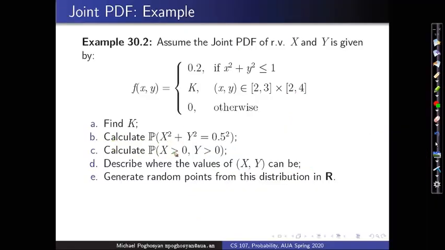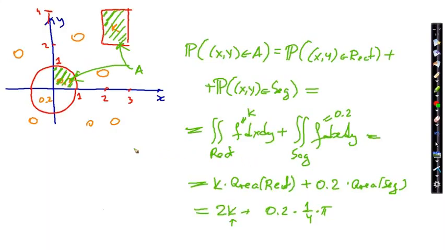Okay, so if we move back, describe where the values of xy can be, so possible values of xy. So what I mean by that, well, I mean our f, the joint PDF, is 0 here, 0 here, 0 here, 0 here, 0 outside of these two portions.